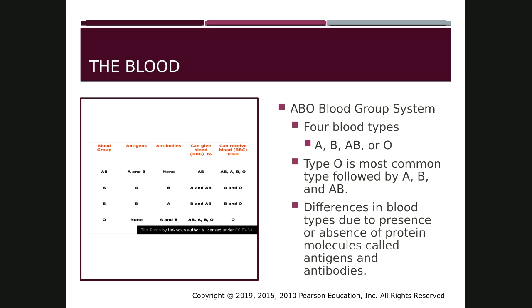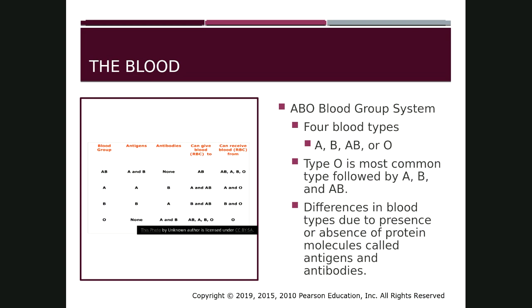So now we're going to look at the ABO blood group system. There are 4 blood types: A, B, AB, and O. Type O is the most common type, followed by A, B, and AB. Differences in blood types are due to the presence or absence of protein molecules called antigens and antibodies.